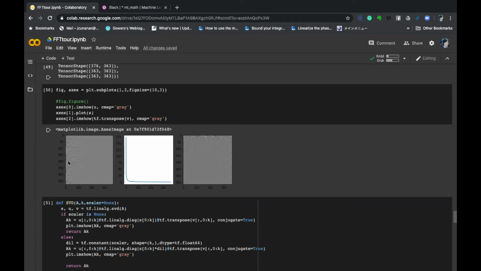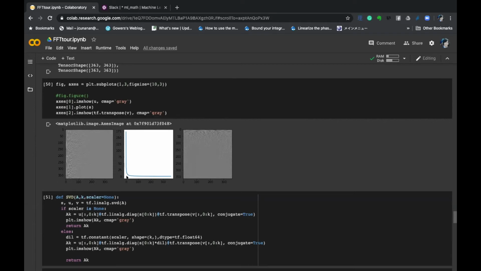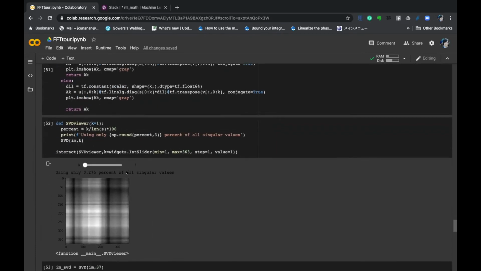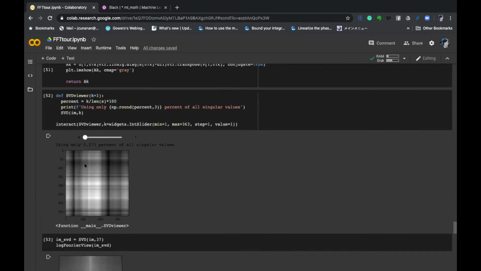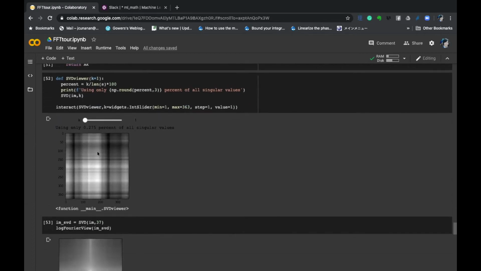So the farther you go, the higher the frequency, their weight corresponds to the lower singular values. So let's see that claim. This is reconstructing the photo using the first singular value. The difference from the Fourier transform is that the frequency is not so low, and also it's a sum.